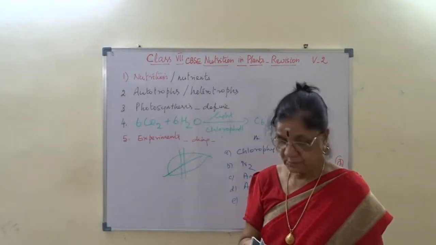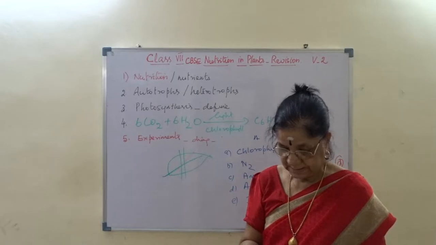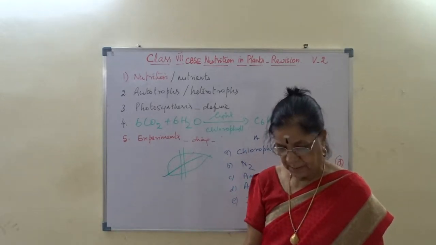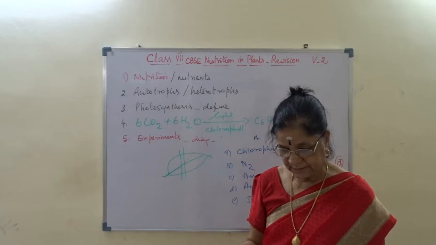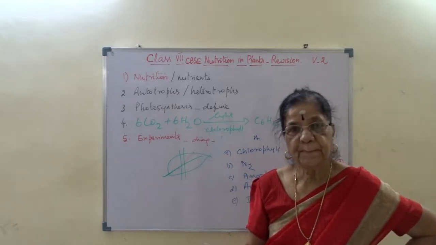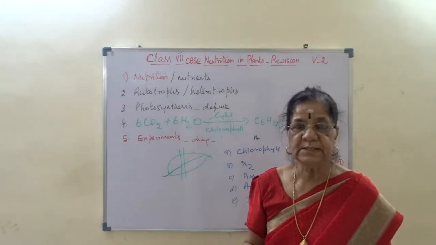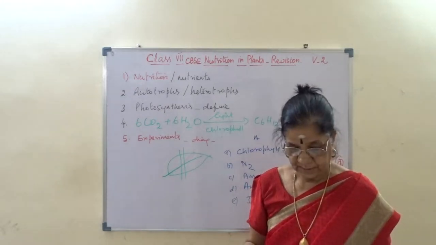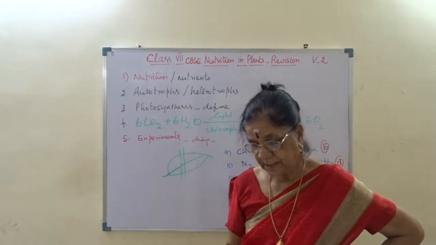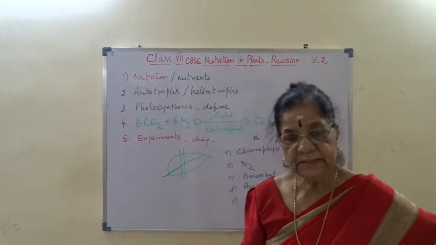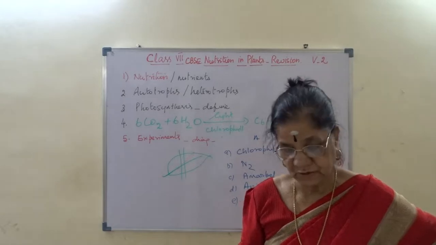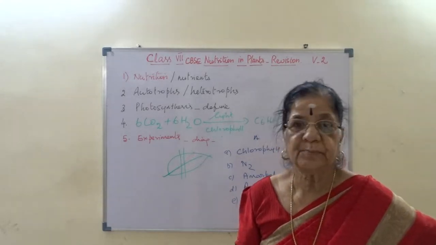Then next, in the same way there will be another match the following. Yeast is a saprophyte, rhizobium bacteria, Venus flytrap is an insectivorous plant, lichen symbiotic association, Cuscuta parasite.